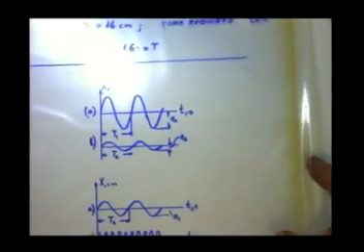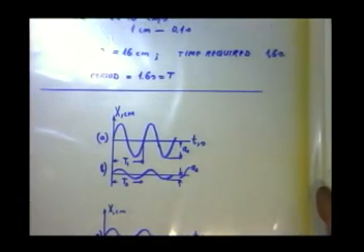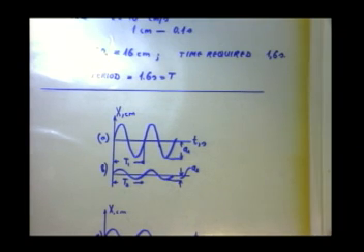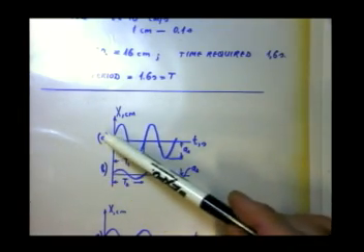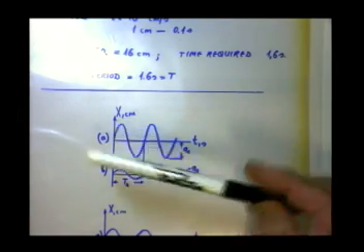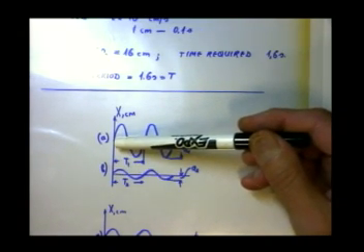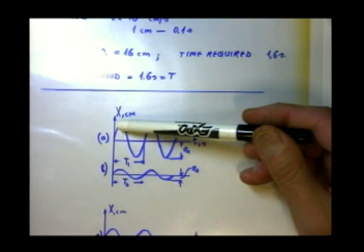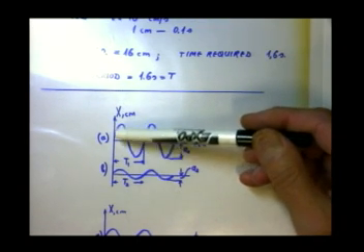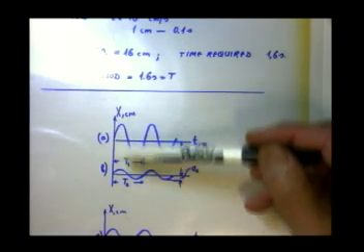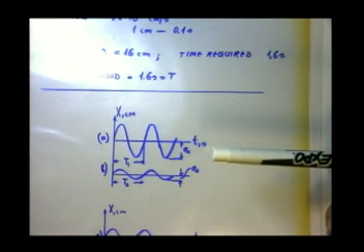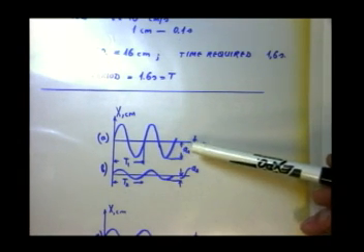Now imagine that we have different pictures here. We have 2 pictures. So this is x of t, and these are the 2 pictures, A and B. So we see that the greatest value that x of t can take is called amplitude. So this distance is amplitude. So amplitude here is bigger than amplitude here. So this is A1, this is A2.